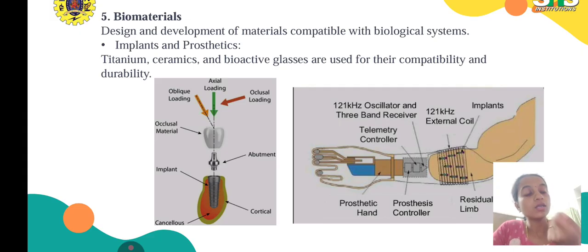This bionic arm can be called a prosthetic hand. It can be rotated in all directions, unlike the human hand, in all 360 degrees. On the left side of the diagram we can see the root canal procedure. These are the applications of biomedical engineering which we come across in daily life.